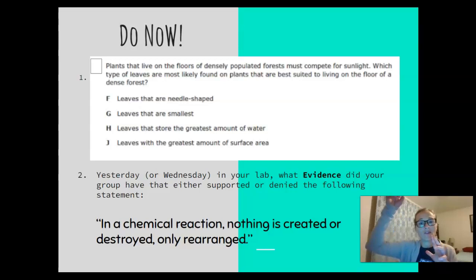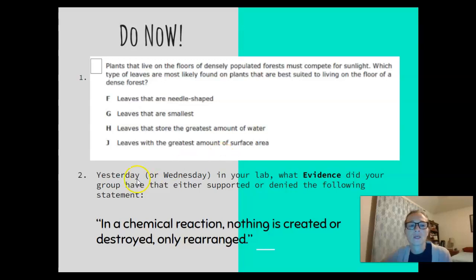There's sunlight up above, but it's dense. That means things are squished together. Okay. Is it F, leaves that are needle-shaped? G, leaves that are the smallest? H, leaves that store the greatest amount of water? Or J, leaves with the greatest amount of surface area? Surface area means lots of space on it.